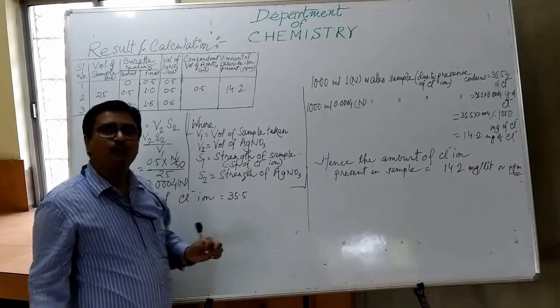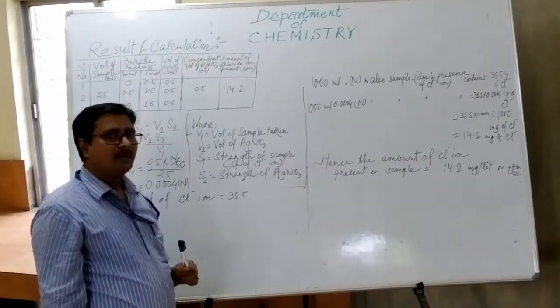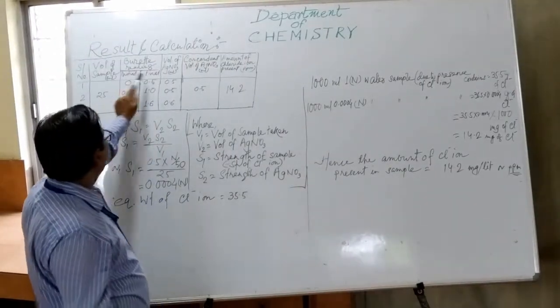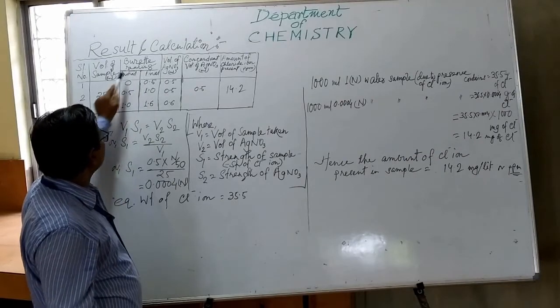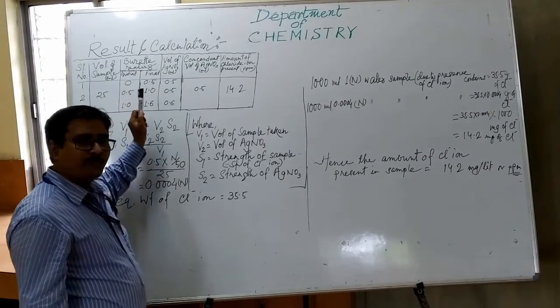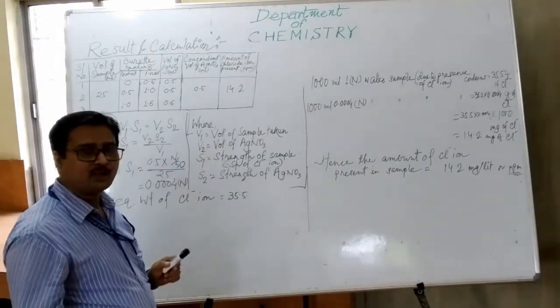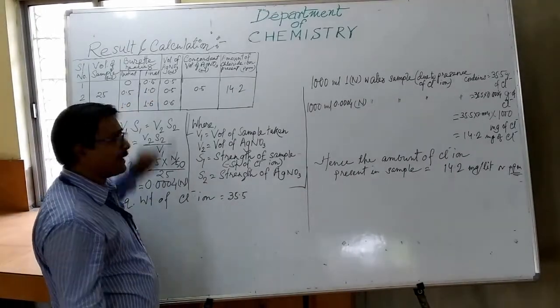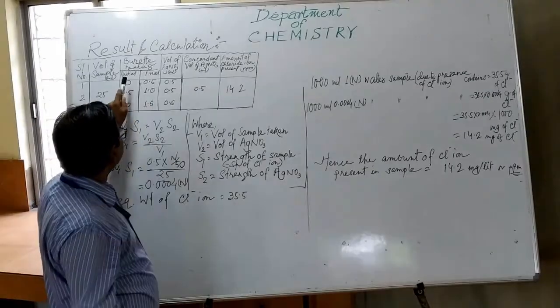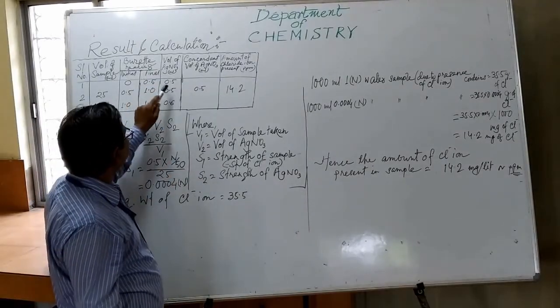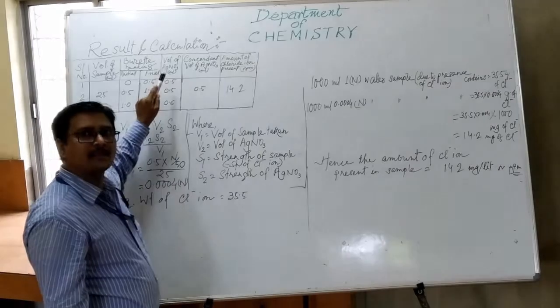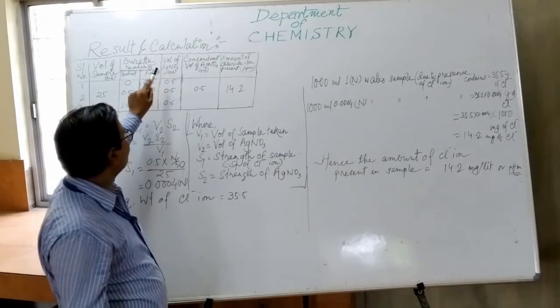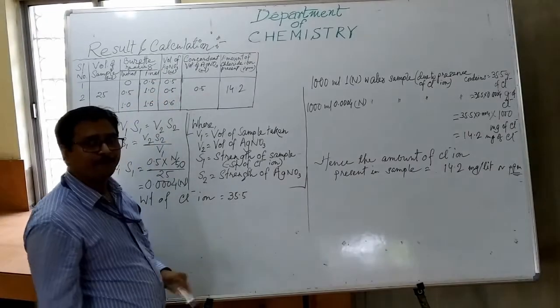Now the next column is burette reading, initial and final reading. Suppose the initial reading is 0, and in this experiment, for arithmetic calculation, the final reading is coming say 0.5. So final minus initial, you will get the volume of silver nitrate consumed, that is 0.5.